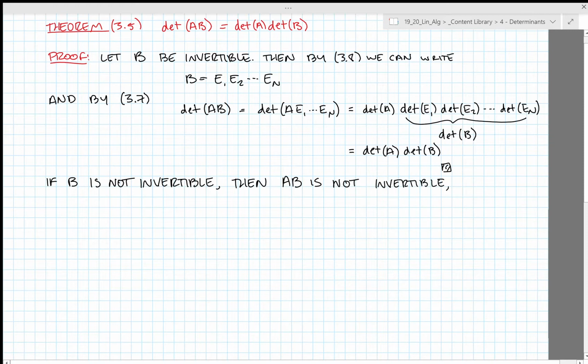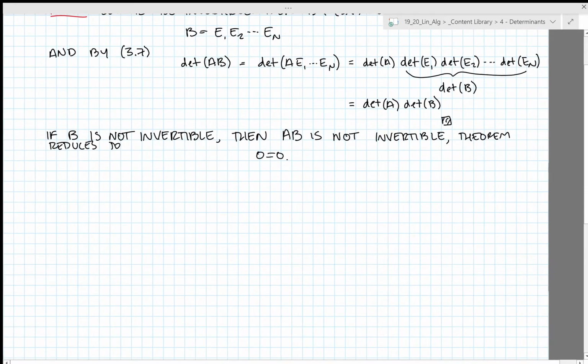And like before, the theorem reduces to 0 equals 0, which is in fact true, so we're okay there. Let me just convince you that if B is not invertible, then AB, the product, is not invertible. So let's say, I don't know how to label this, but we'll just say, fun fact.